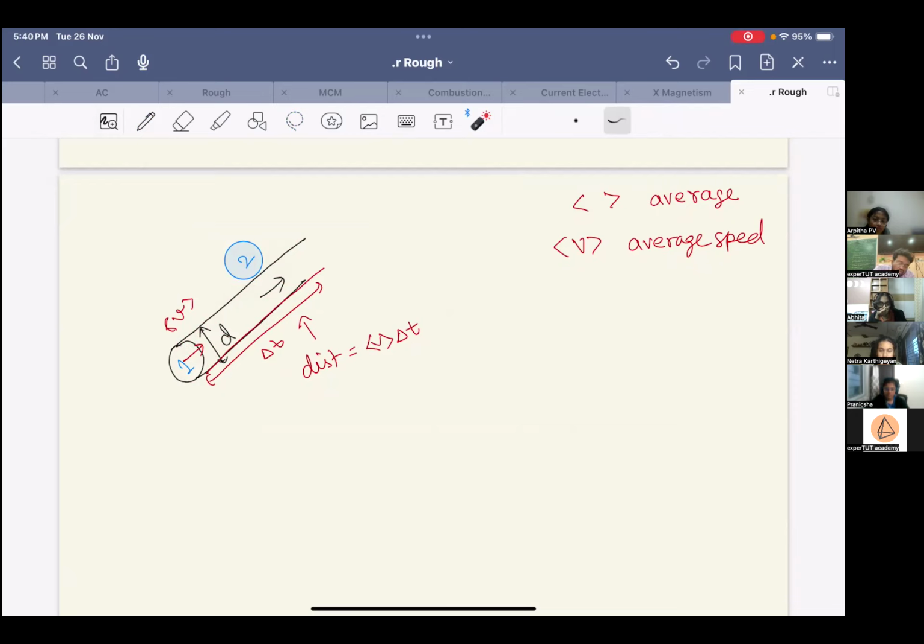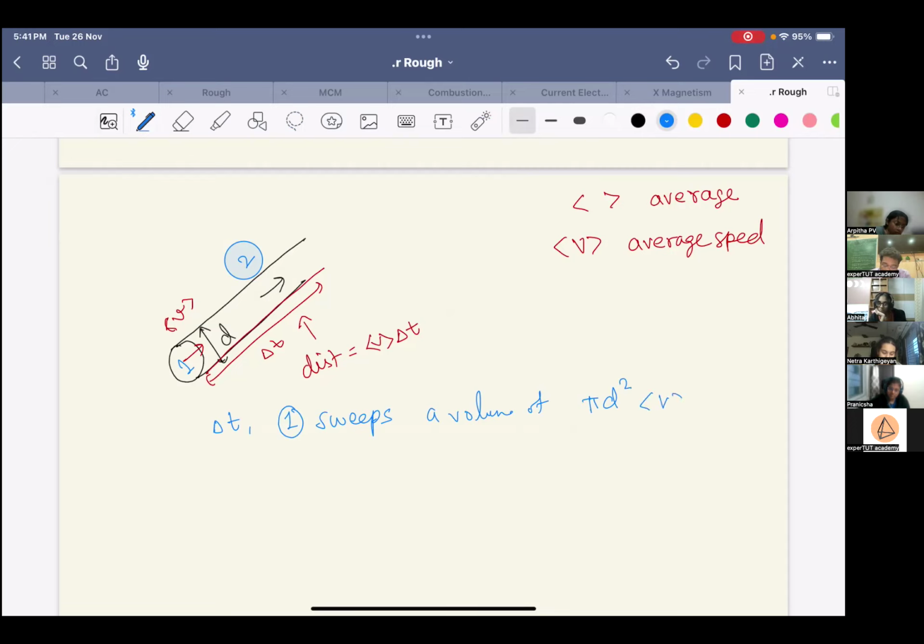Okay, so in time delta t, molecule 1 sweeps a volume of pi d square into v bar delta t.